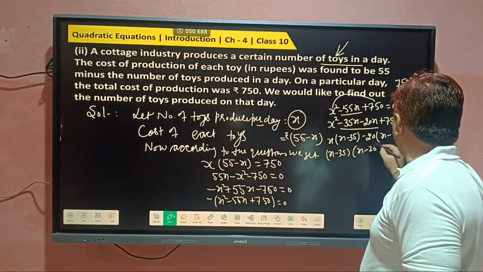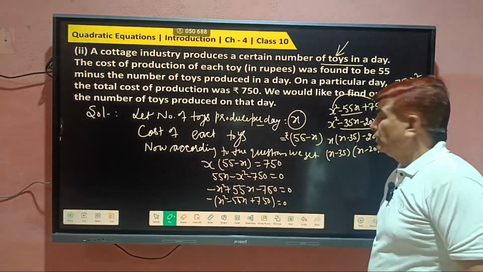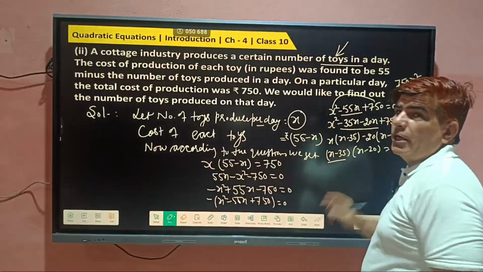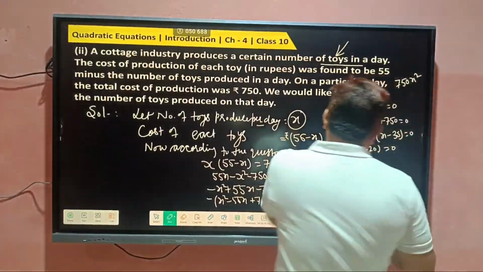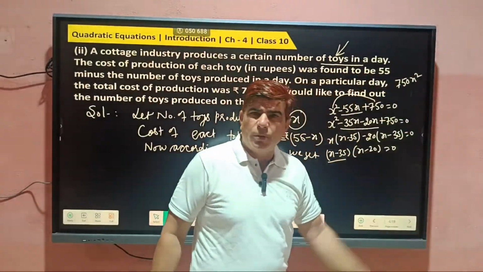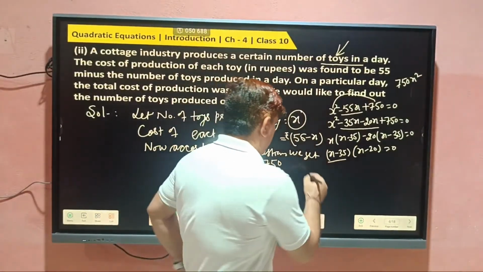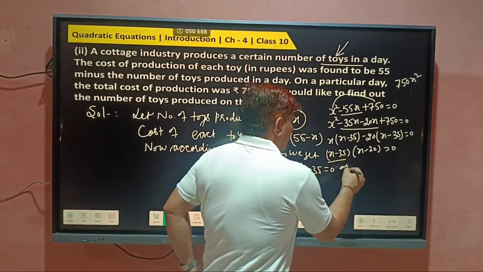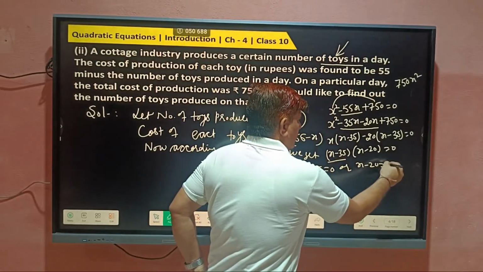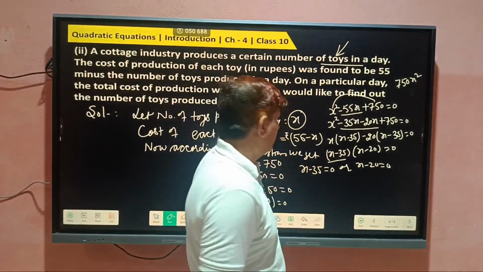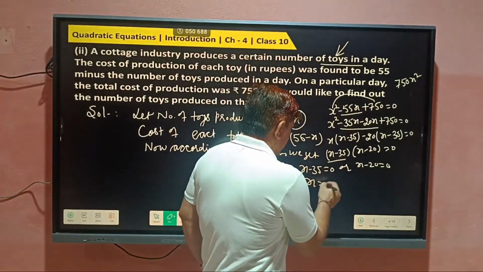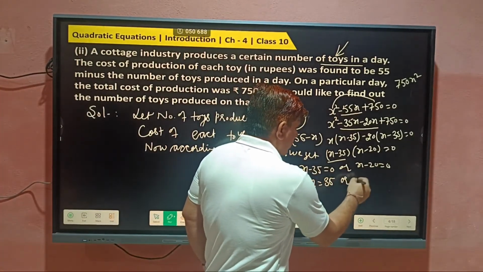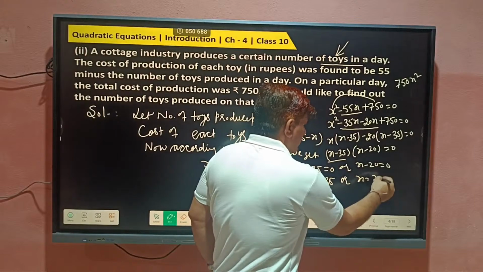X minus 20 equal to 0. If this is equal to 0, then the complete expression becomes equal to 0. So we can take x minus 35 equal to 0 or x minus 20 equal to 0. So what is your x? X is equal to 35 or x is equal to 20.